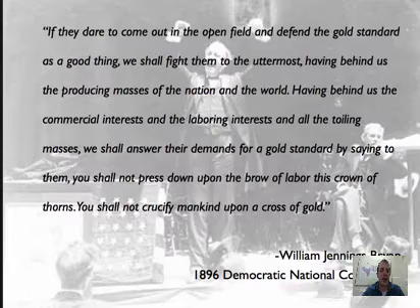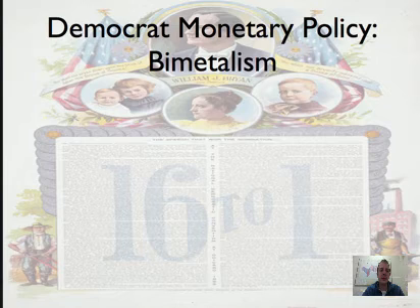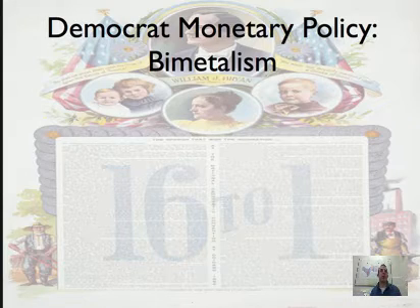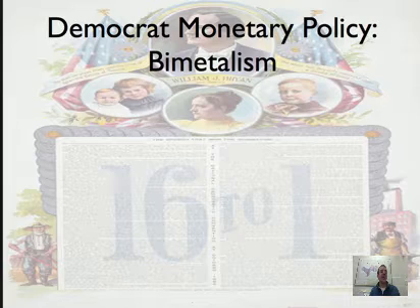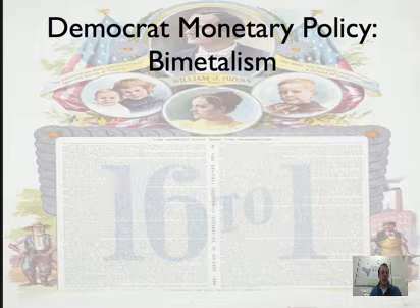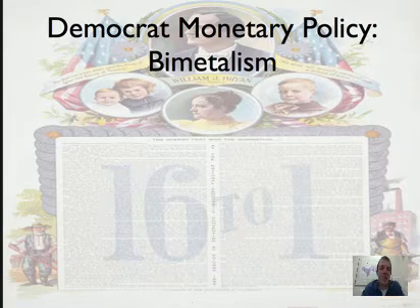And we'll take a look at it in class. But what it does is he publicly supports bimetallism, or using gold and silver. He supports silver, and he wins the nomination. And as a result, the National Democratic Party supports silver.